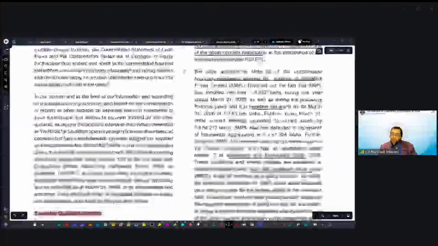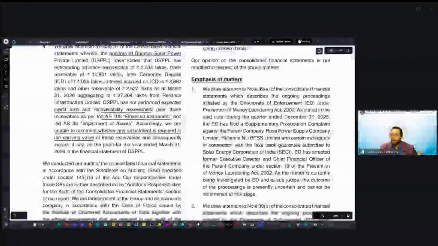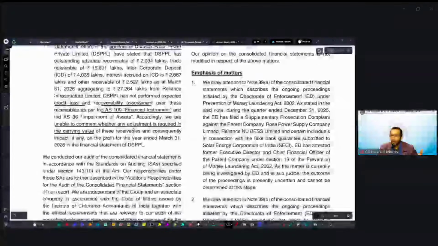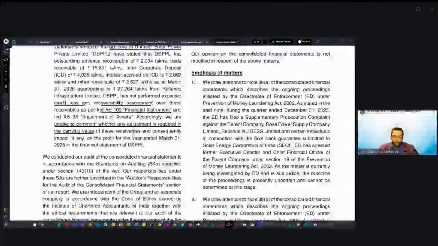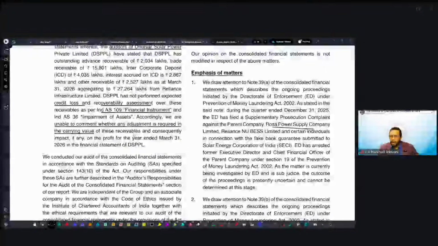So if there is something reported in the component auditor's financial statement, like an emphasis of matter paragraph, that is also required to be considered here. Here, if you see, there are other entities involved, like X entity, Y entity, where some fraud case is going on.